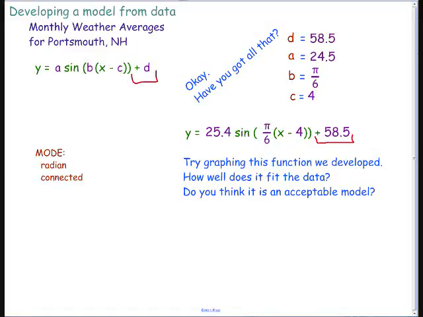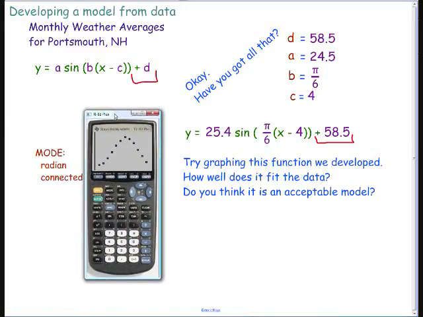Now we're going to try that. Let's see. 24.5. We're going to try this function and see how it graphs. This is going to be pi divided by 6 is my frequency. And then we've got x.